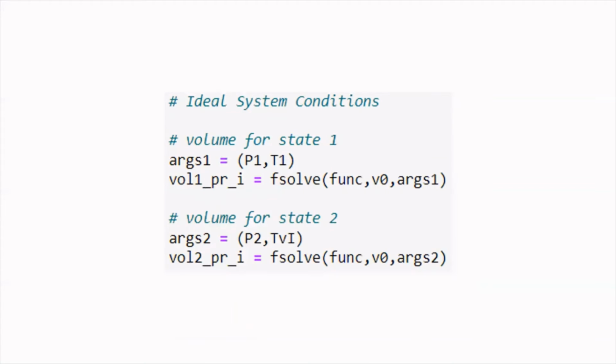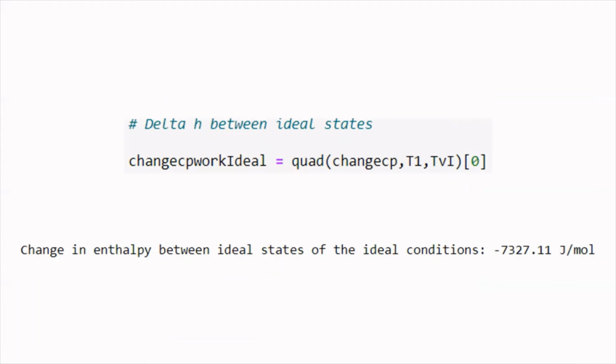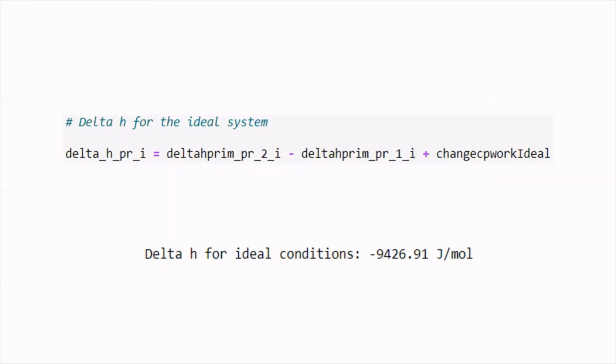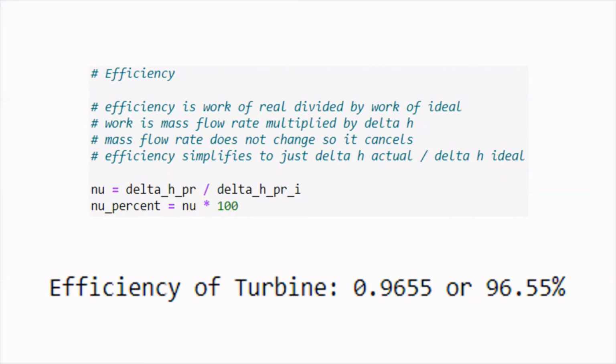We then run through the code again, calculating new volumes, calculating a new delta H between ideal states, calculating the departure function for the enthalpy again, adding them all together to get a new delta H for the ideal conditions, which is slightly higher than the last delta H. Efficiency is the work of the real system divided by the work of the ideal system.